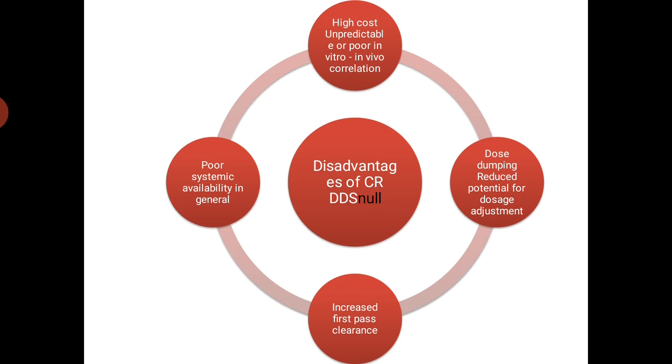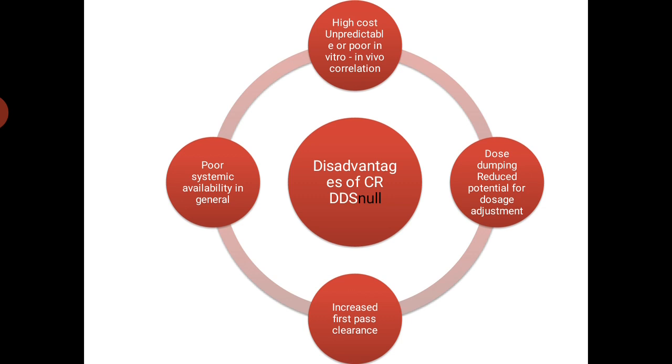And finally, poor systemic availability in general. That is, in this drug delivery system the plasma drug concentration attained will always be less, whereas in the case of a conventional dosage form, it attains a huge Cmax, and the total AUC will be higher. The total bioavailability will be higher in the case of a conventional dosage form.